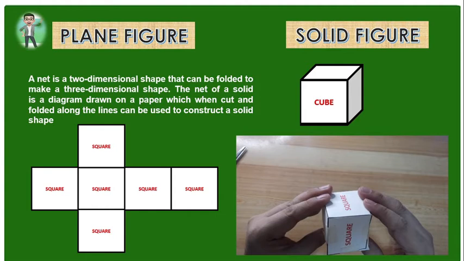There you go. By cutting and folding the lines of the net, a solid shape was constructed.